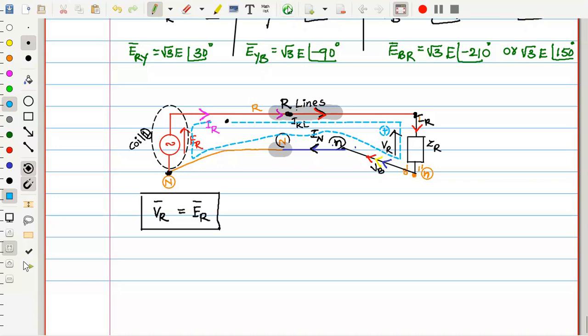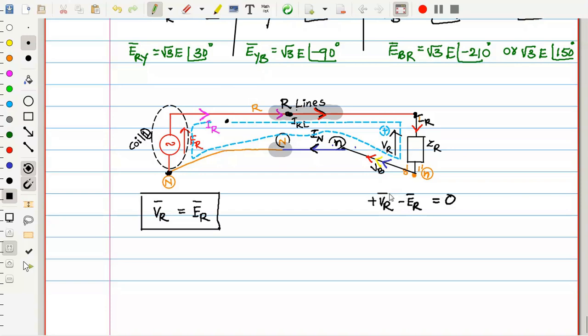So you can write KVL in this way: plus VR. Next, move on further. Here only a simple bare conductor is there, no voltage drop. Up to this, no voltage drop. Here, could you see ER voltage? So that is minus ER is equal to 0.